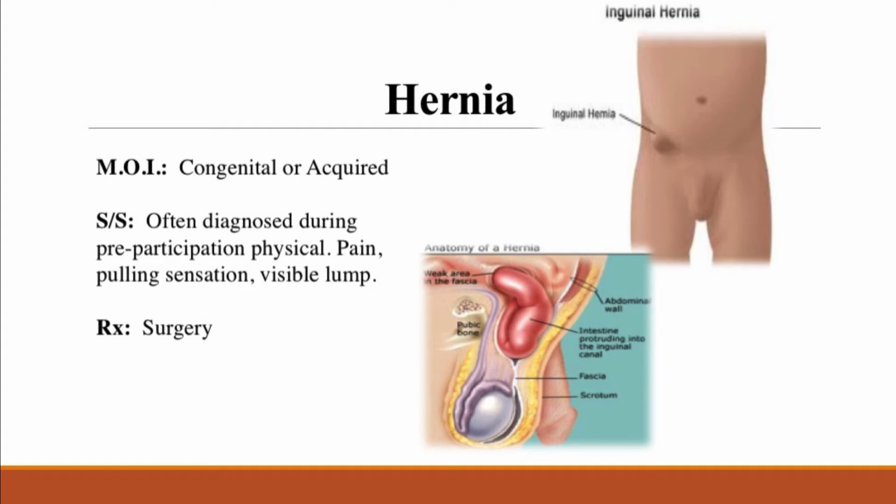Another dangerous concern is when the hernia becomes strangulated, which means part of the intestine protrudes through the hole and becomes stuck. This causes decreased blood flow and intense pain and tenderness. A hernia can be routinely diagnosed during the athlete's pre-participation physical. Surgical intervention is the treatment of choice.